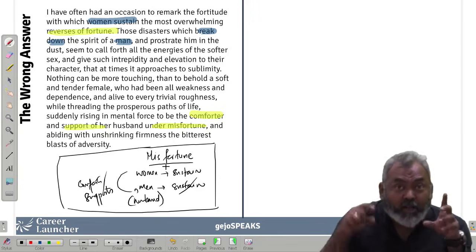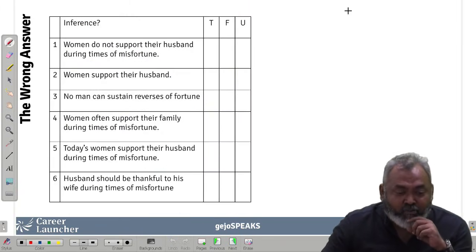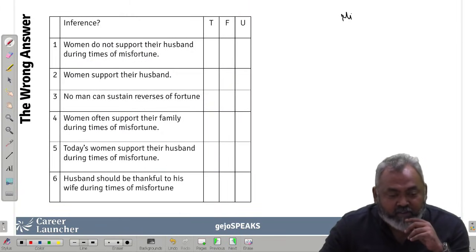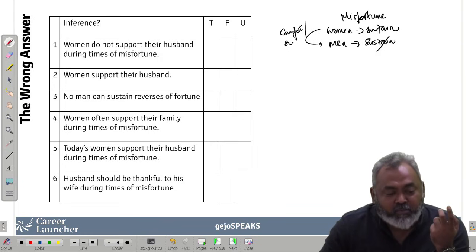Let's keep this in mind. Actually, I'll write this on top here. During misfortune, women sustain. I hope you can read what I'm writing. Men do not sustain. And women comfort and support their husband. That's basically the story.